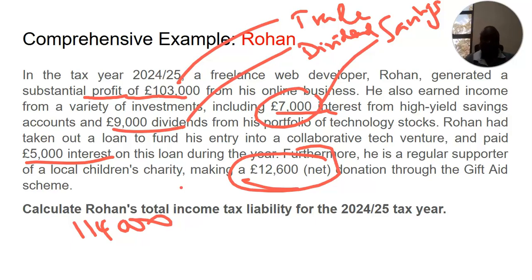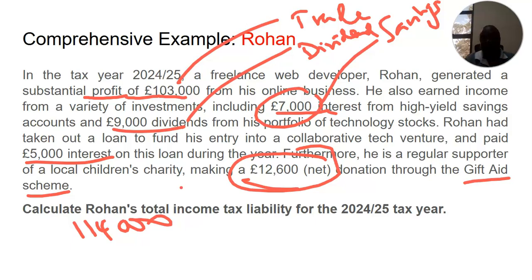So we don't want that. We need to look for other avenues as tax planners. So here, because there has been a donation which was made through the Gift Aid scheme, we then need to work around. So this figure 12,600 was paid net.